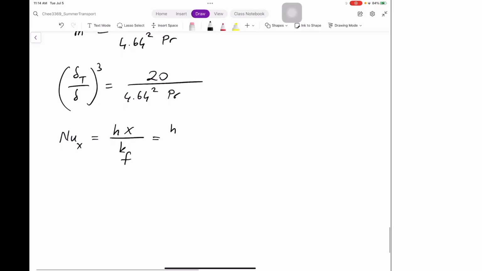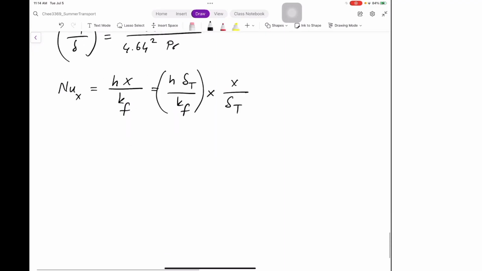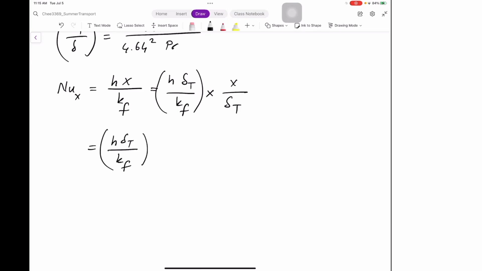That's equal to h times delta T over kf times x. I multiply it by delta T, and I'm going to divide by delta T. Okay, and then this is h delta T over kf times x over delta times delta over delta T.